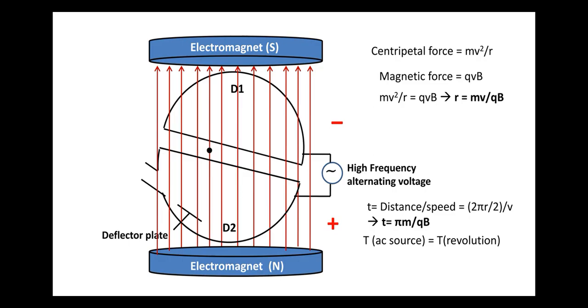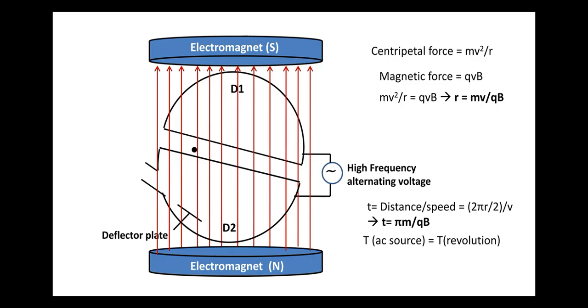Now it starts to follow a slightly bigger circular path, and again it reaches the gap between D1 and D2 after moving a semicircular path. At this position again the field reversal occurs, and again the particle gains energy, and again it will start to move in a circular path but with a bigger radius.